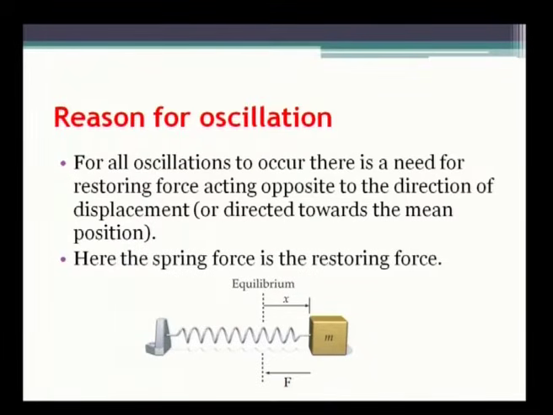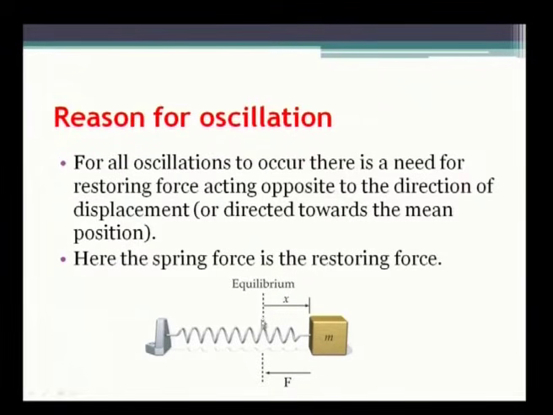Now let us see the reason for oscillation. For all oscillations to occur, there is a need for a restoring force acting opposite to the direction of displacement, or in particular directed towards the mean position. Let us take the spring mass system which is kept horizontally, and assume the mass is just moving on a flat surface which does not have any friction.